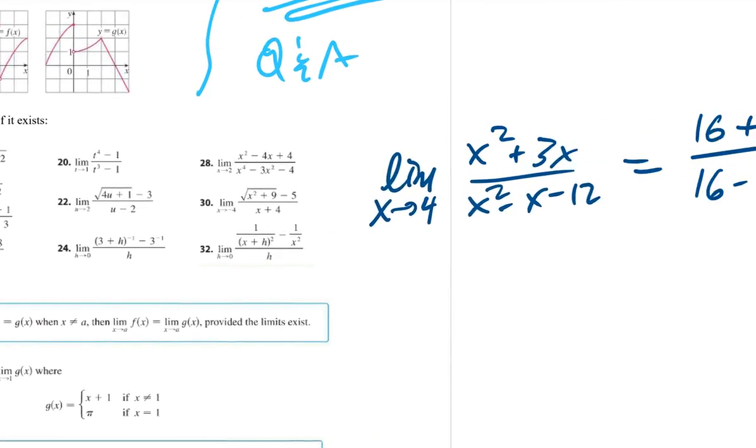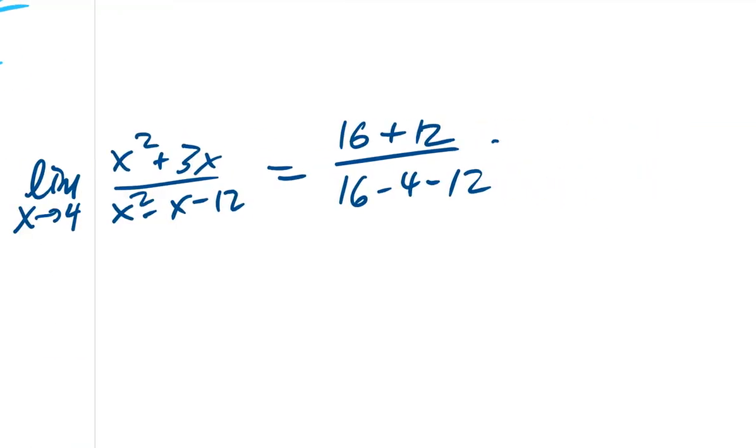Yeah, it's a plus on the top. Okay, cool. All right, so what you're going to get here is 28 over 0, which is bad. You don't like this. You get 0 in the bottom, which is not good. So you can't do anything with this. It could be infinity, but let's check it out.